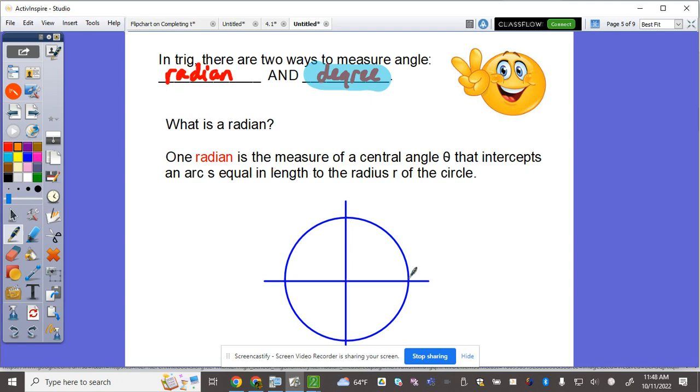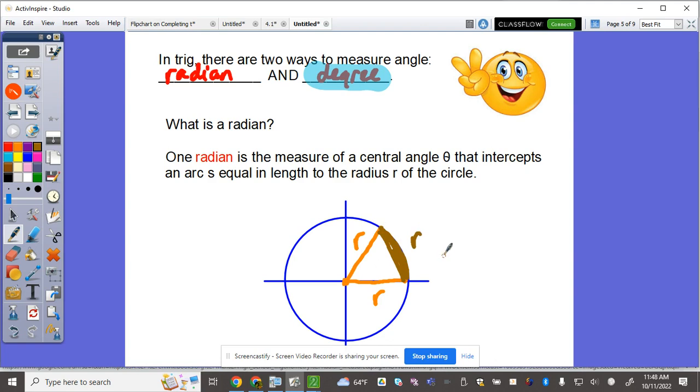Let's say this is my circle in my Cartesian plane. So this is my vertex or origin. This is my radius. And let's say this is also a radius there. They're equal in measurement. If they're equal in measurement, it intercepts an arc, this brown one here. And let's say if we measure the crust of the pizza, we can say that the crust of the pizza is the same measurement as your radius.